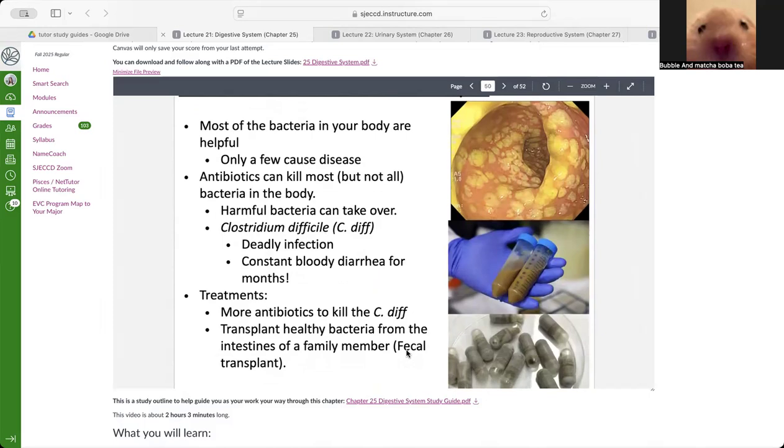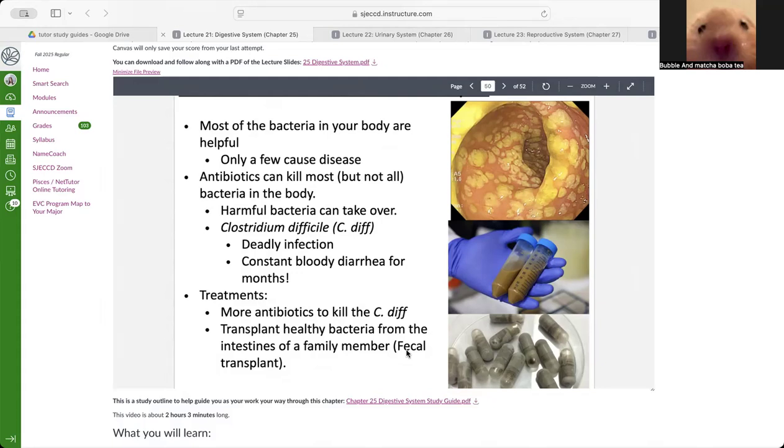Okay, we have intestinal microbial incubation. This one is about being immunocompromised. Most bacteria are helpful. Antibiotics help prevent infections caused by bad bacteria, but antibiotics can kill most bacteria and can also kill the healthy ones. So we have Clostridium difficile, and this one is difficult to kill.